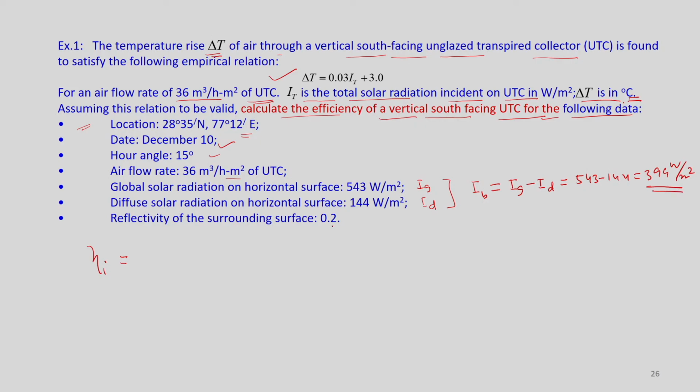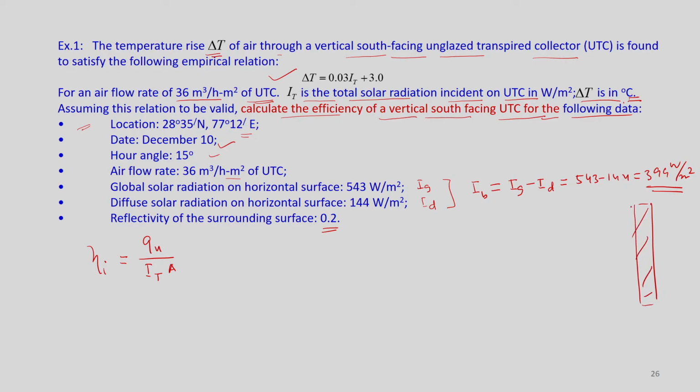And reflectivity of the surface is given as 0.2. Okay. So, we know what is instantaneous efficiency, right. So, this can be calculated by using Qu by IT into A. This area is that area, right. So, this wall area we need to find out. Okay.